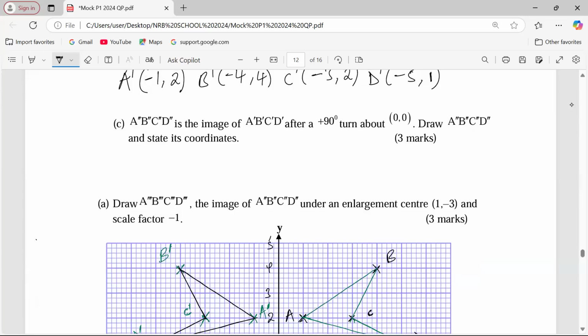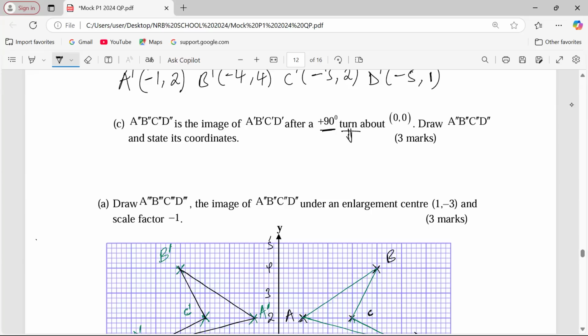Part C. Now A double prime, B double prime, C double prime, D double prime is the image of A prime, B prime, C prime, D prime after a positive 90 degrees turn about 0, 0, that's the origin. Draw A double prime, B double prime, C double prime, D double prime, and state its coordinates. So we're supposed to rotate. When you're told a 90 turn, it means a rotation.